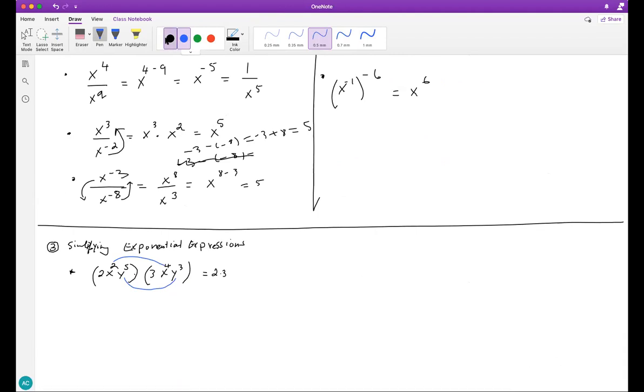So first we're going to write them next to each other: times x^2, x^4, and then y^5 times y^3. And so that's 6. And what is x^2 times x^4?